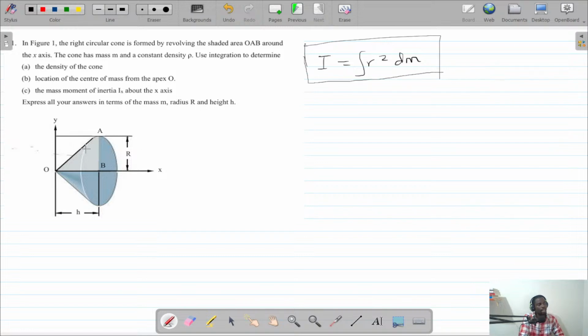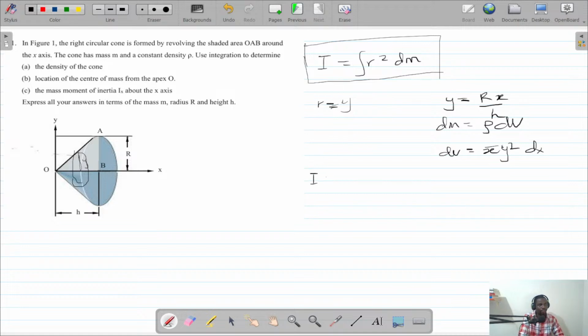Now you realize that our elemental mass that we took, our radius was any y value. So our r here was y, and we've already established that y is equal to r x over h. Also dm is equal to rho dv, and dv is equal to pi y squared dx. So don't forget these things that we made, they're very important.